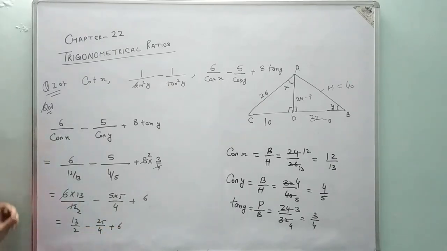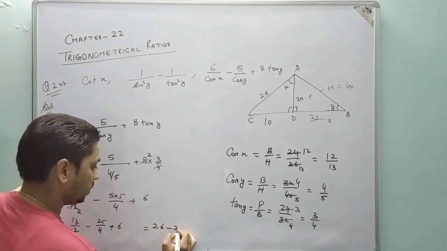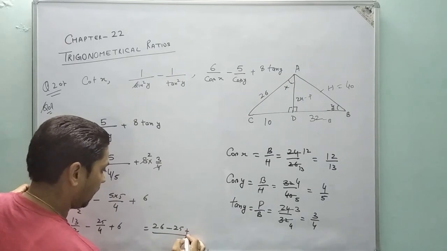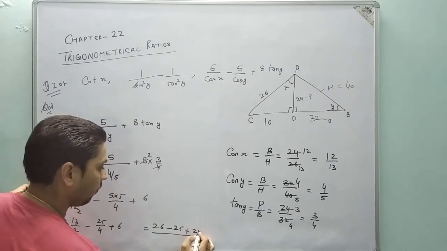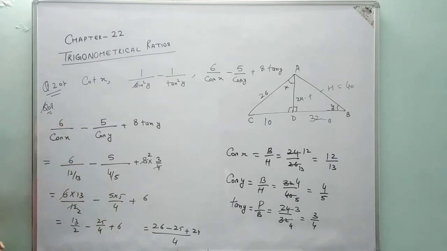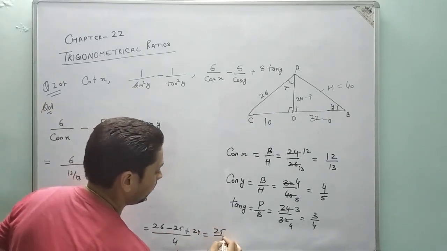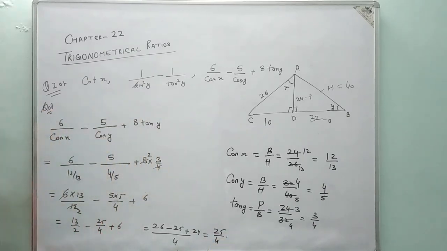Take the LCM. LCM will be 4. That will be equal to 26 minus 25 plus 24 over 4. So it will give you 25 by 4. Answer is 25 by 4.